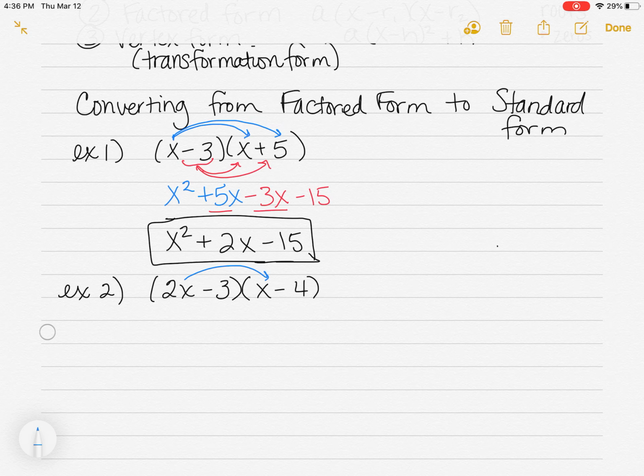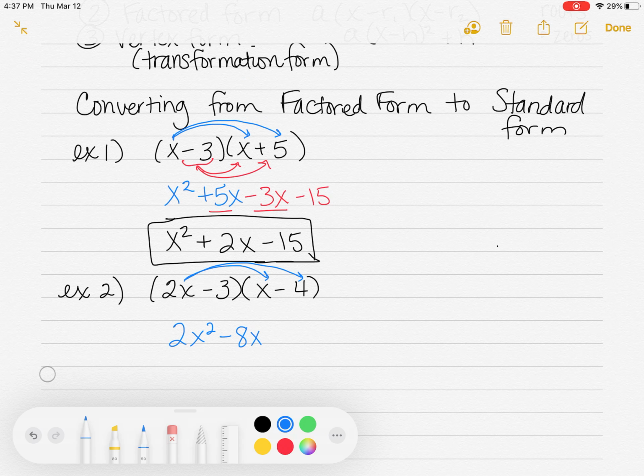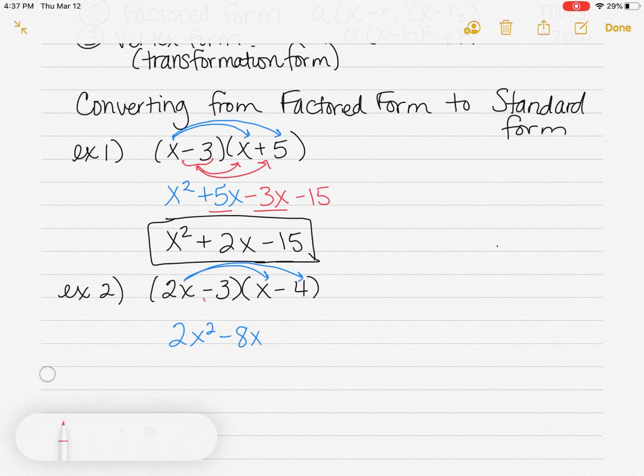So 2x times x is 2x squared. 2x times negative 4 is negative 8x. Then negative 3 times x is negative 3x. And negative 3 times negative 4, be very careful, that's a negative times a negative, so that is a positive 12.